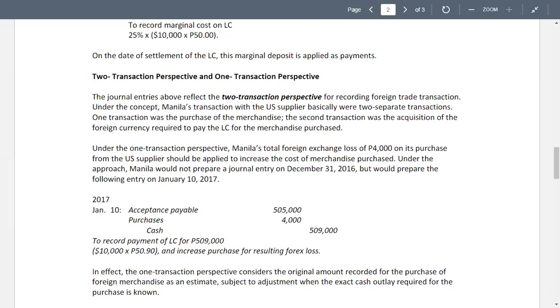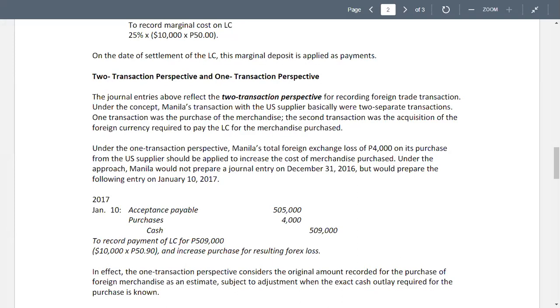In effect, the one transaction perspective considers the original amount recorded for the purchase of foreign merchandise as an estimate, subject to adjustment when the exact cash outlay required for the purchase is known.